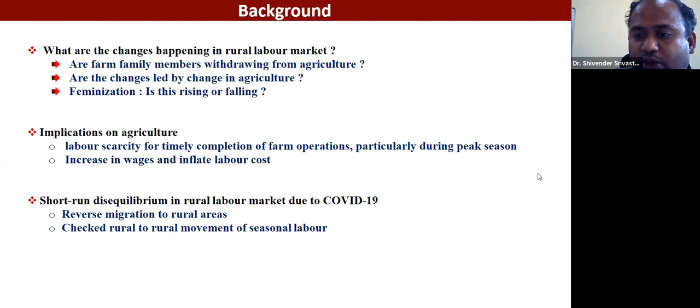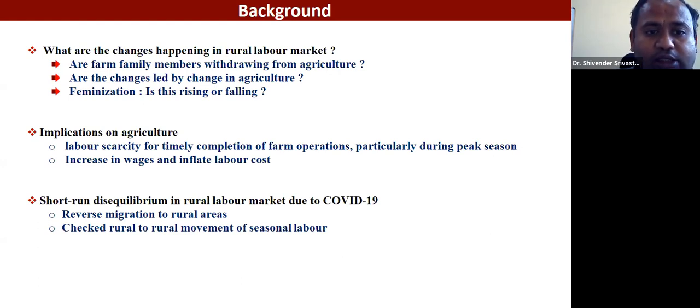Once economic development takes place, the first thing an agricultural household does is withdraw its family members from cultivation, and they hire more and more labor. So whether family members are withdrawing from agriculture or not is an important question, and we need some evidence on that.